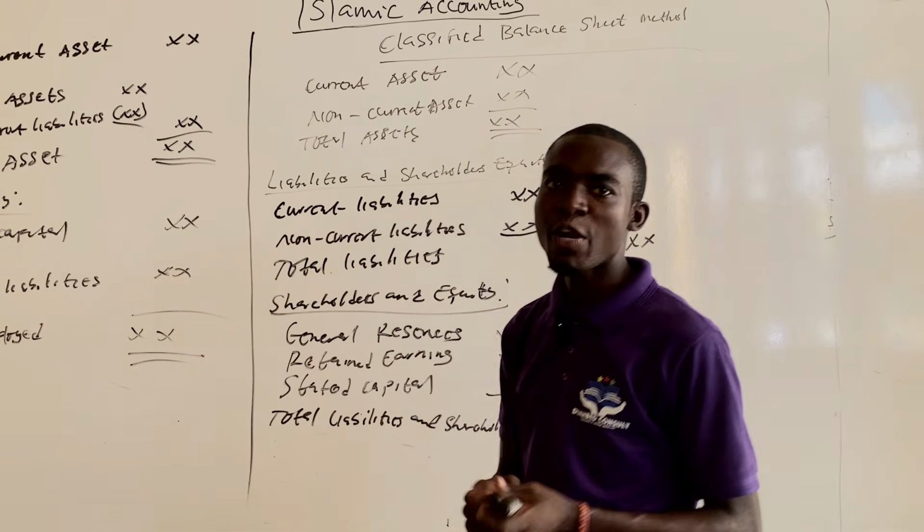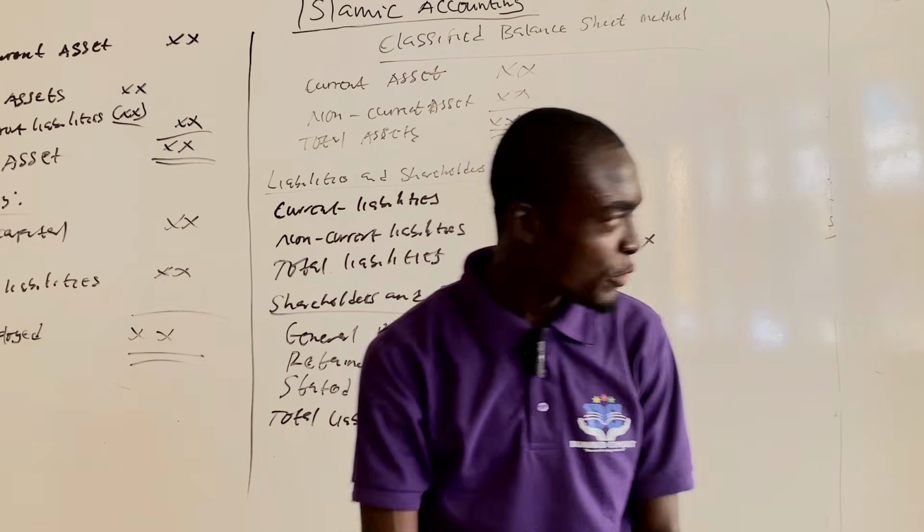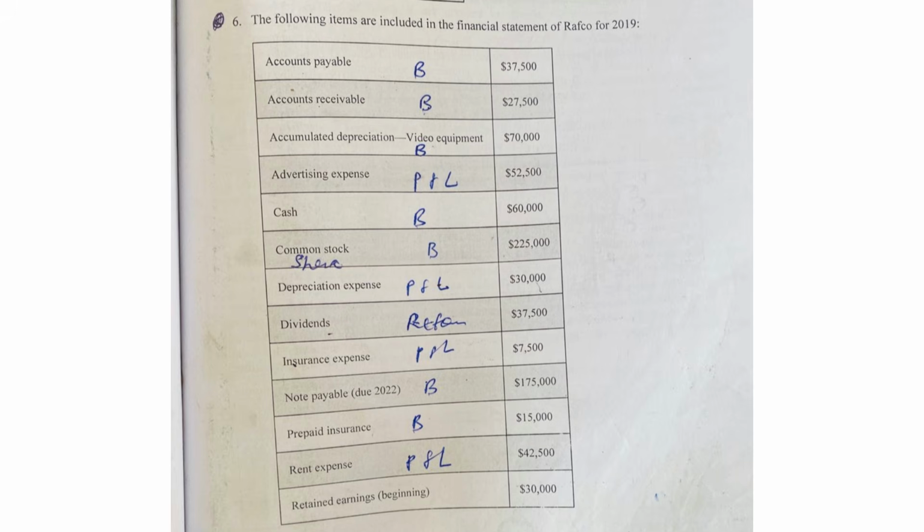So let's solve a practical question to see how it works. I read the question. The following items are included in the financial statement of RAFCO for 2019. Account payables 37,500. Account receivables 27,500. Accumulated depreciation for video equipment 70,000.